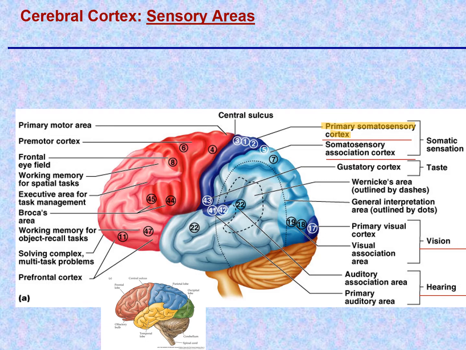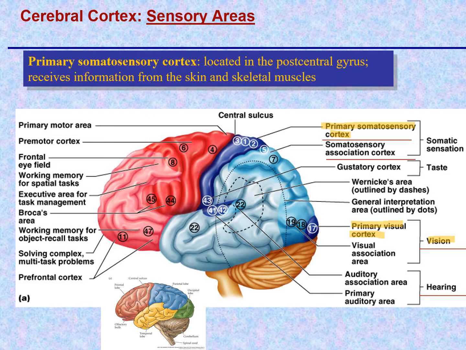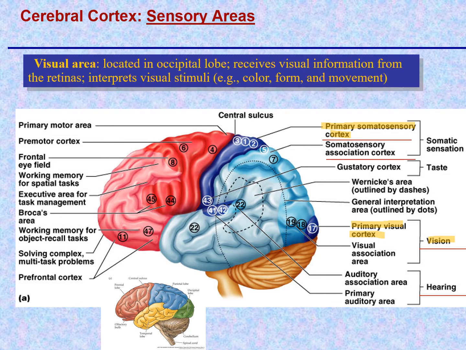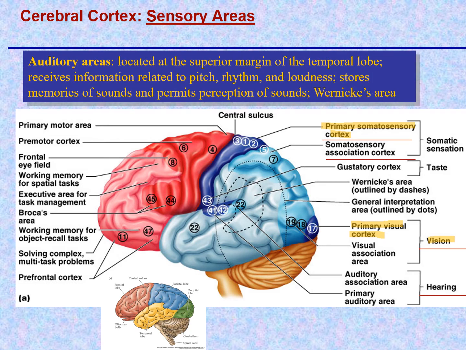And then you have other areas like the somatosensory association cortex, and the primary visual cortex, involved in interpretation of sensory light information coming in, is here in this area in the occipital lobe. And again, this is the same information as on the previous slides. Okay.